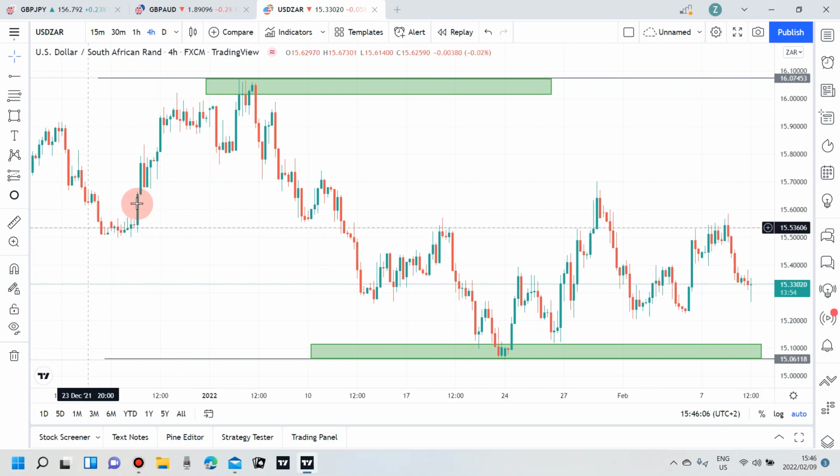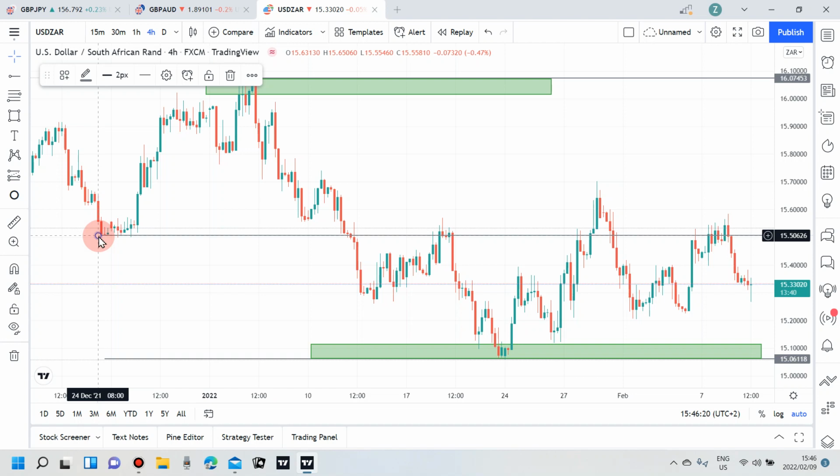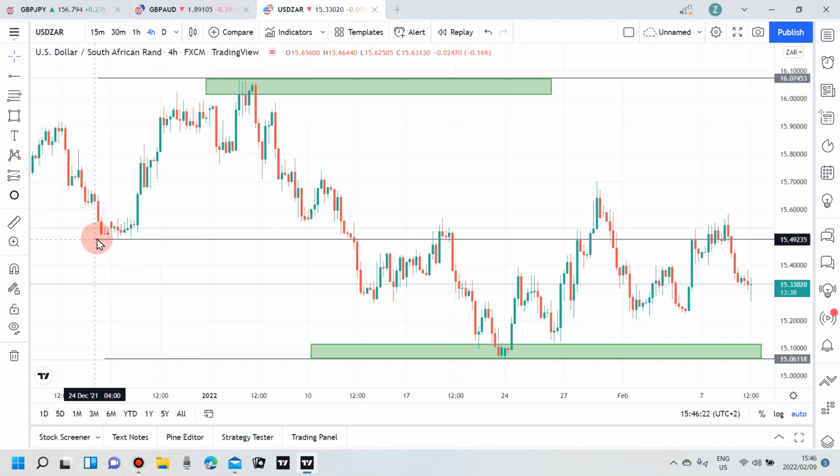I see that the market reverses here, and reversed here, meaning that 3 confirmations, 3 reversals for my key level would make a stronger key level.